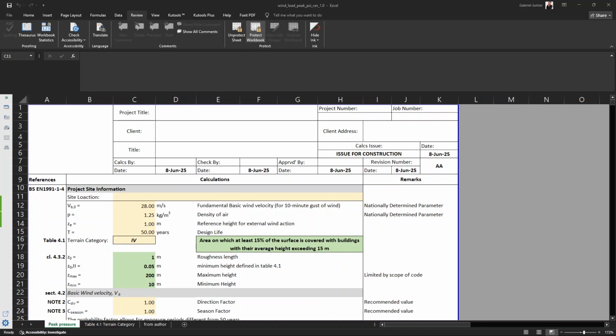The next step, we look at the fundamental basic wind velocity. Now, this is a nationally determined parameter, and one important thing is you have to make sure the data you're obtaining considers a 10 minutes gust of wind. This is what the Eurocode has been modeled for.